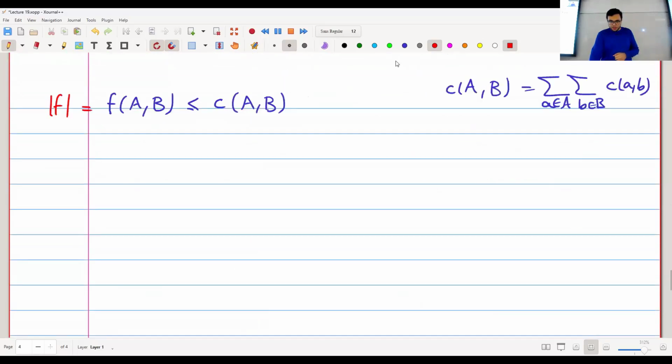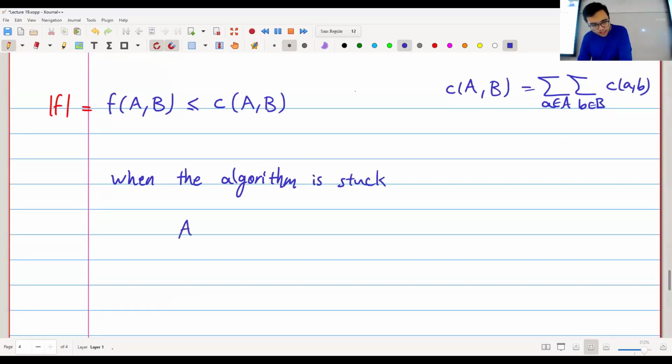Okay, so here's what I do. When the algorithm is stuck, just define A as the set of all vertices reachable from the source in my residual graph.